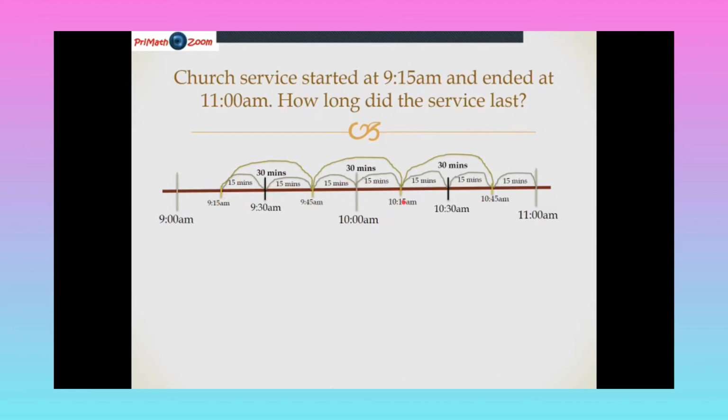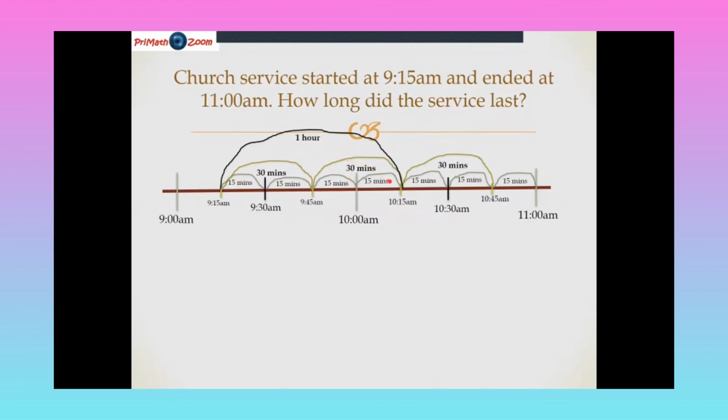From 10:15 to 10:45 is another 30 minutes. But there is one 15 minutes that is left out because there is no other 15 minutes to make it 30 minutes. We also know that by looking at our number line, 30 minutes and this other 30 minutes could also give us something else, and that would be 1 hour.